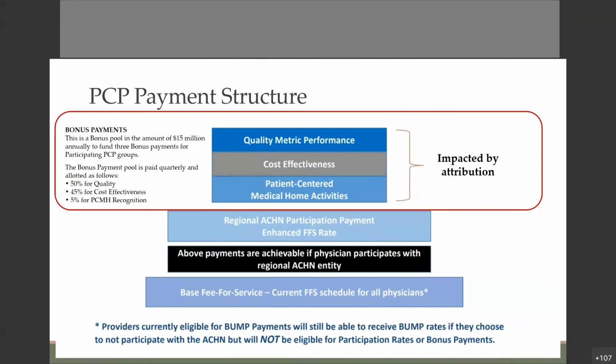The bonus payments are paid quarterly, and PCP groups participating with the ACHNs are eligible to receive the bonus payment based on their performance with the quality measures, cost effectiveness, and PCMH participation. All these bonuses are distributed based on the attribution of the providers.